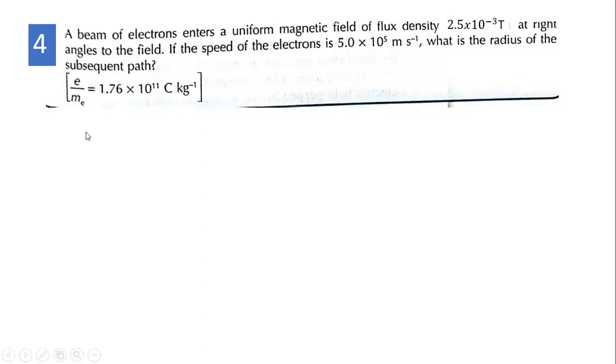Given e over m, how to determine? eVB equals to mv squared over r.